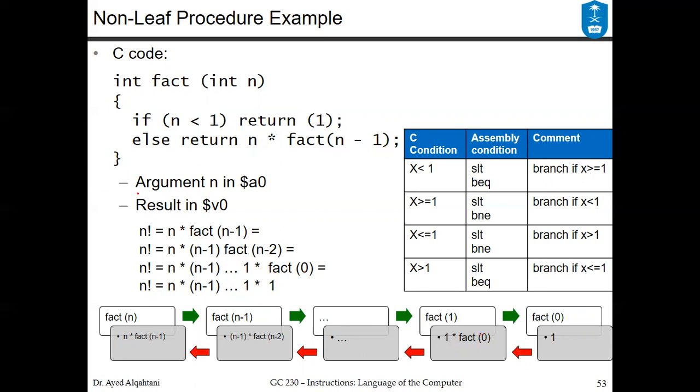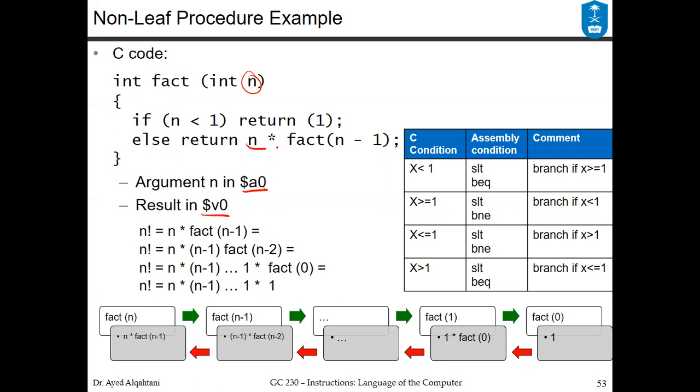Now, it's important to know that we have only a single argument, which is in $a0, which at the beginning is the number n, and the result is saved in $v0. Notice that we didn't define anything like the last example, where we defined f, but here we don't define anything.